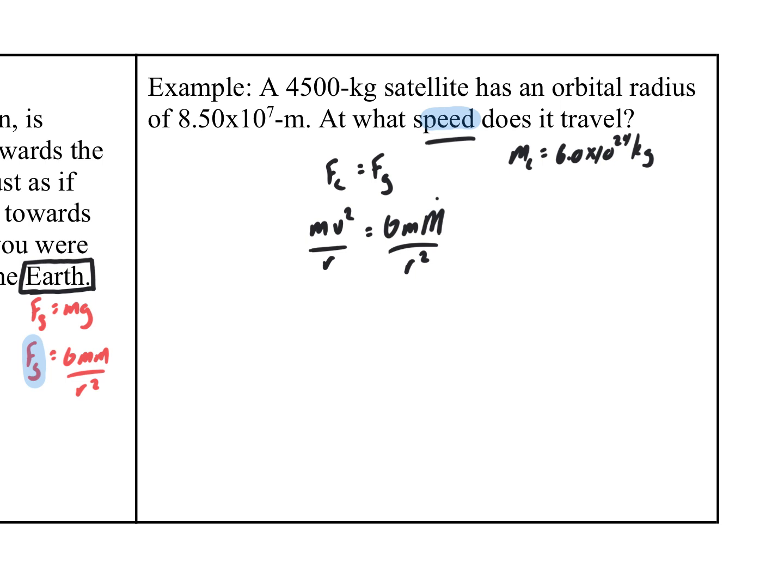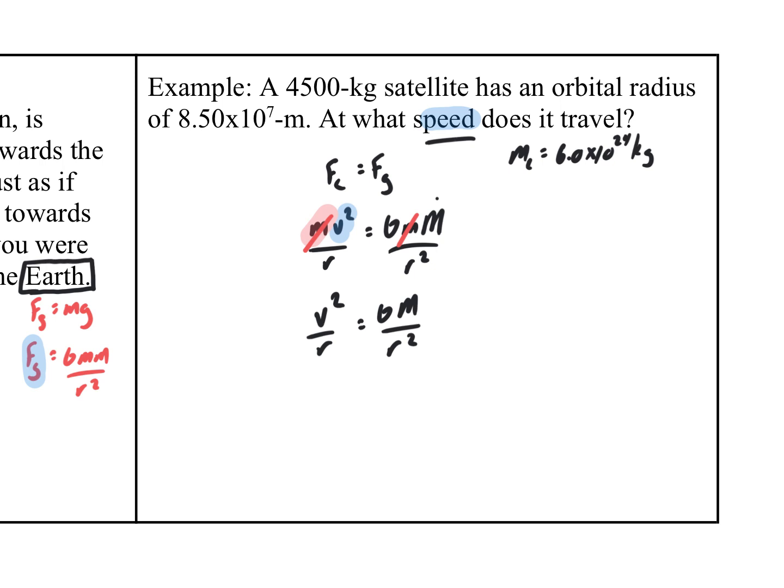And so when I'm looking at my equation, the only place I see speed is right here in the centripetal force idea. Here, it looks like the masses end up canceling, and the little m cancels across the equation. So I can rewrite that to say v squared over r is equal to big G big M over r squared.